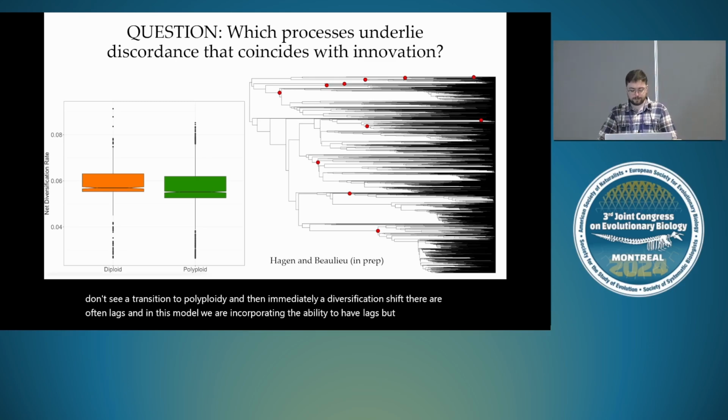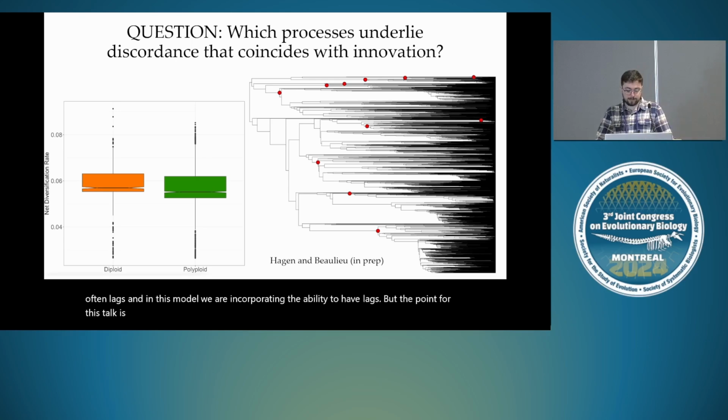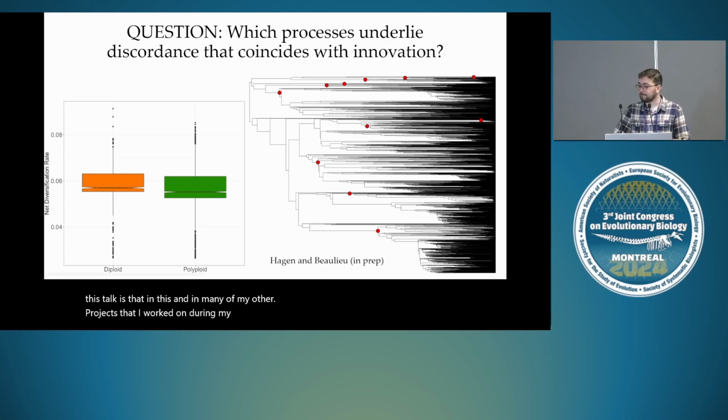But the point for this talk is that in this and in many of my other projects that I worked on during my PhD, I didn't find much evidence to support the idea that polyploidy leads to increased diversification regularly across many different plant clades.